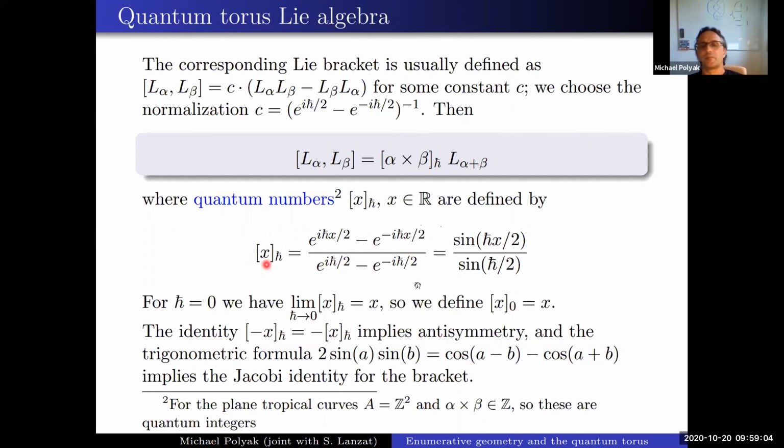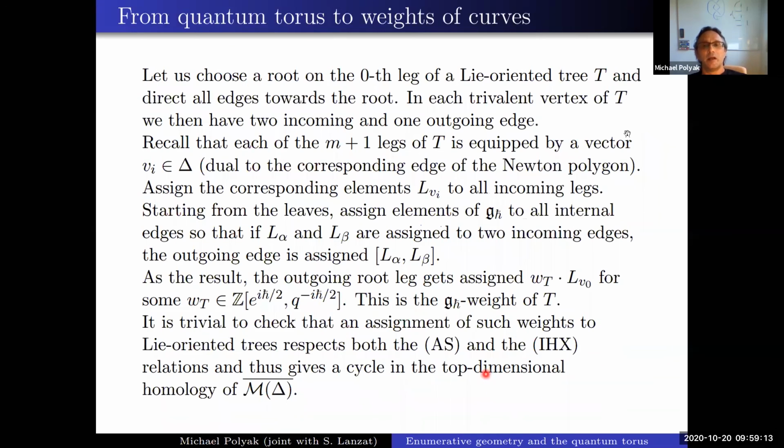And you check that this bracket indeed gives you the Jacobi identity, and then there's a simple procedure, for which I failed to find any time, to construct a weight starting from this quantum torus Lie algebra and the set of our vectors.